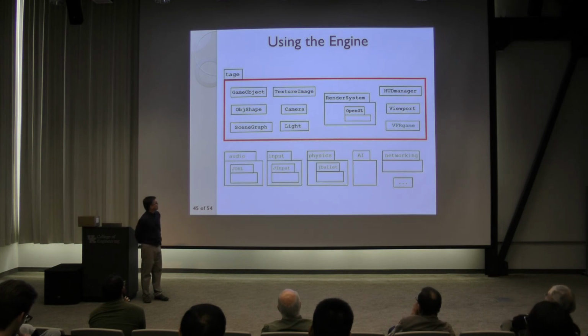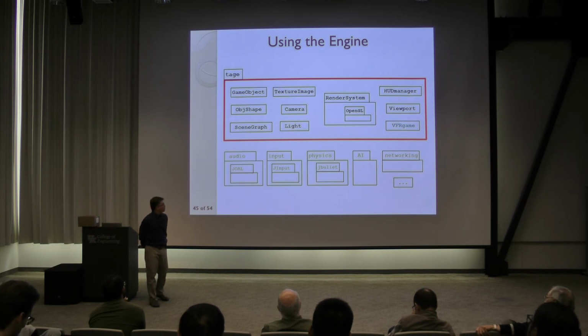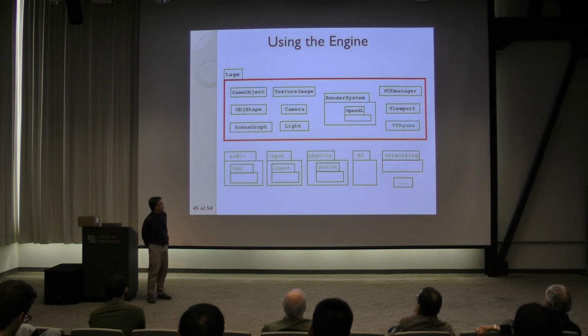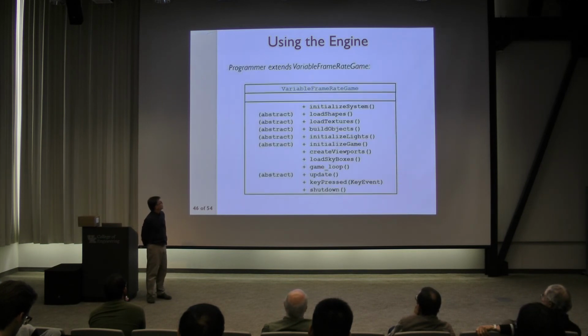The last component I'm going to mention is the actual driver for the game loop. VariableFrameRateGame is a class that I put in there that the programmer is expected to extend.